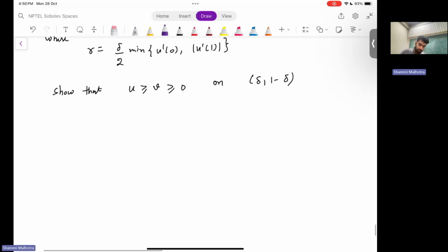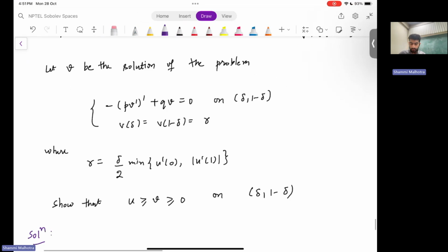So how do we show that? Actually, this comes from why the solution for this problem exists. It is a non-homogeneous Dirichlet problem again, which can be handled in the same manner with the help of the Lax-Milgram theorem. After suitable transformation, you can prove that this will have a solution.